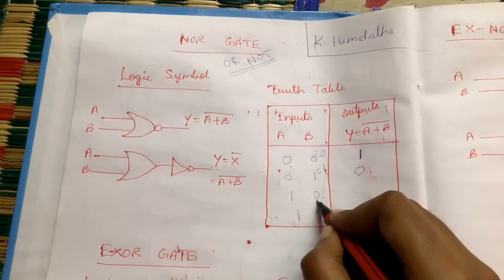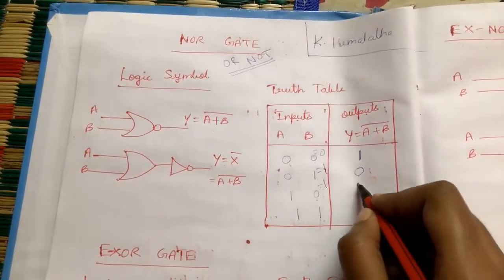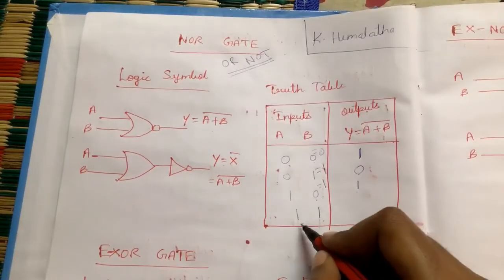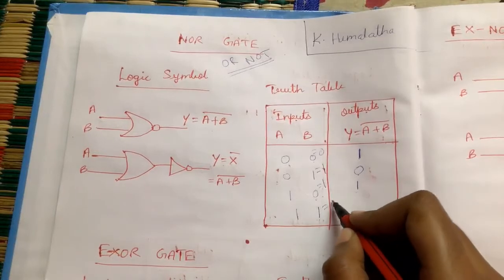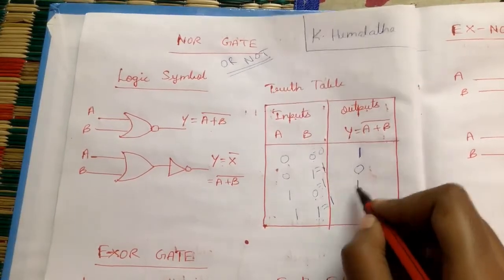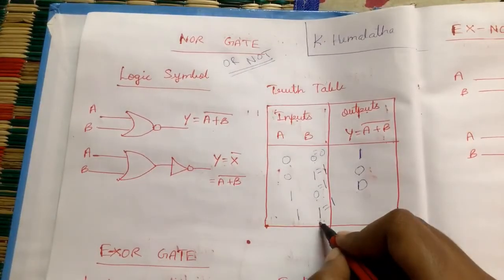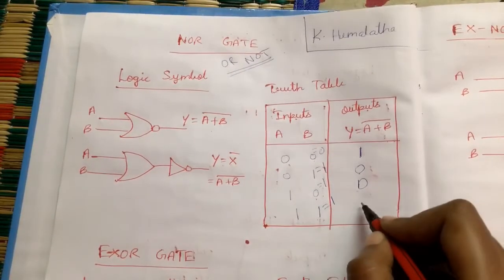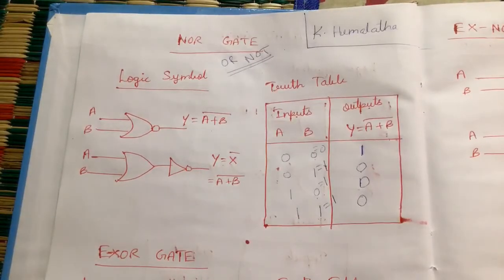Again 1 plus 0 we will be getting as 1, and the complement of 1 is 0. Again 1 plus 1, what will we be getting as the output? We will be getting 1, and the complement of this, sorry, I have written it as 1, so the complement is 0 only. So 1 plus 1 we will be getting as 1, and the complement of this 1 is 0. So this is the truth table for the NOR gate.